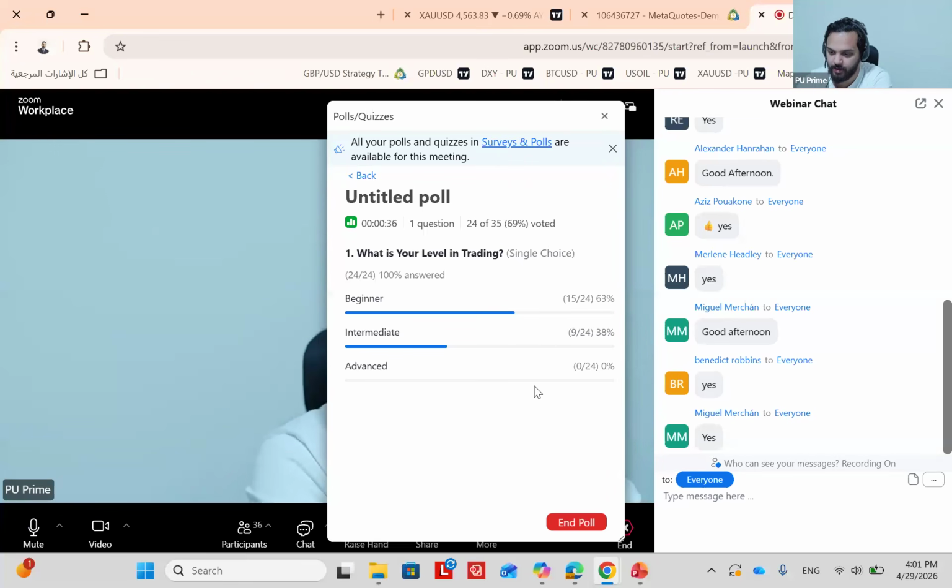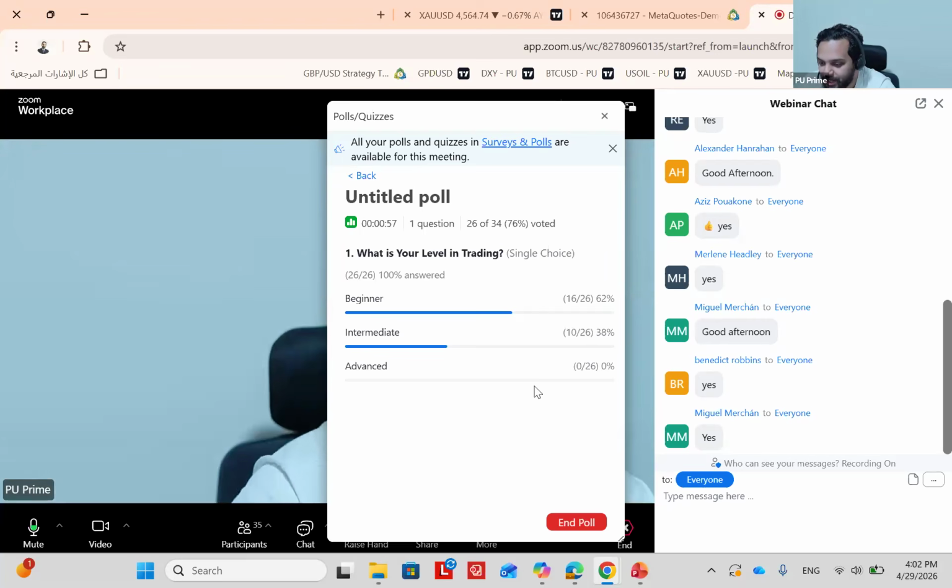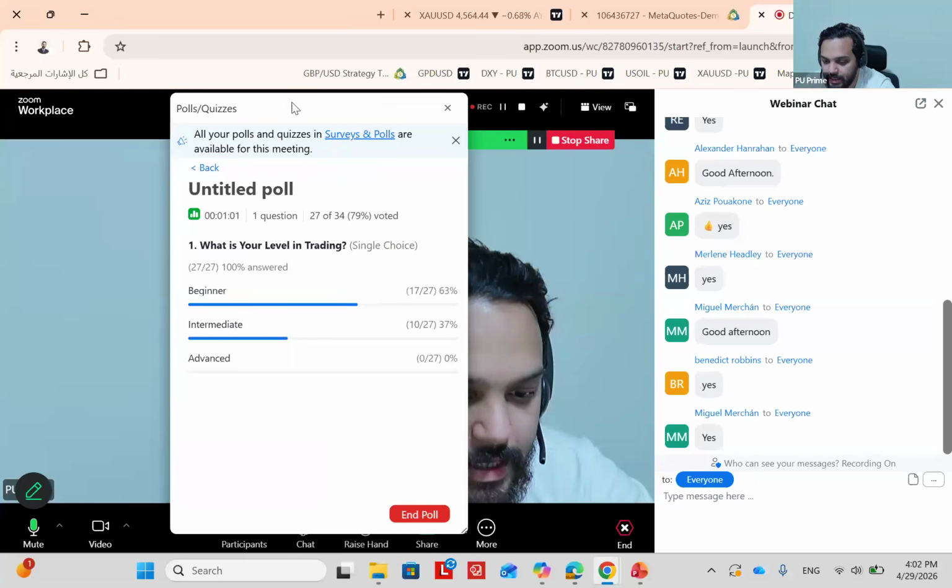So we would say 69% voting. I need 100% voting, guys, so we can know our level. Okay, so I believe we are 62% beginner level and 37% intermediate level.